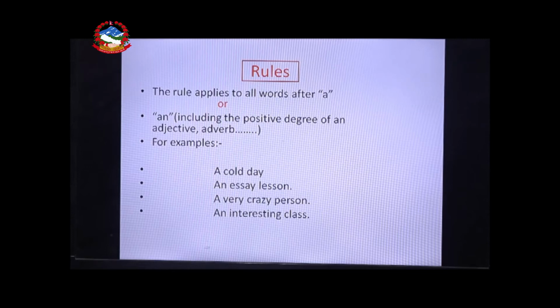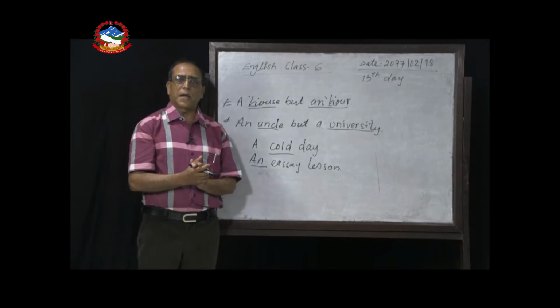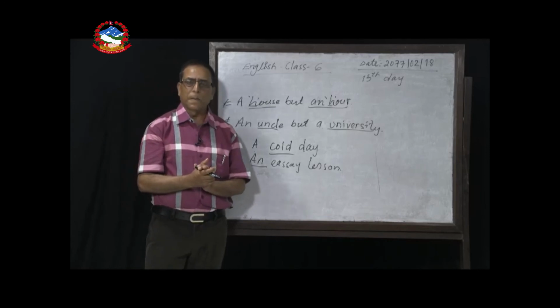Before interesting, we use an article because interesting begins with the vowel letter I. So, here we use an interesting class. We have learned where and how we use a and an, the indefinite articles, in a sentence.